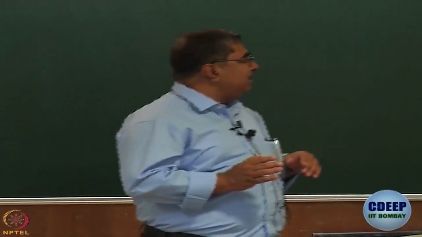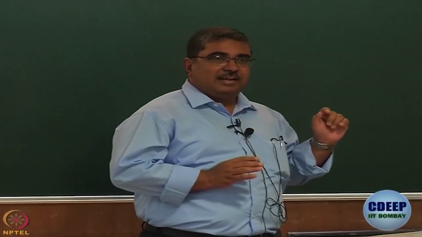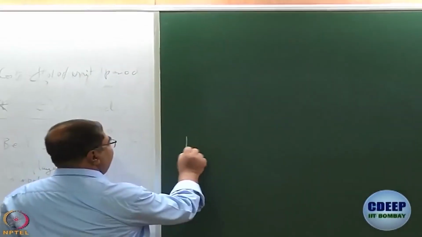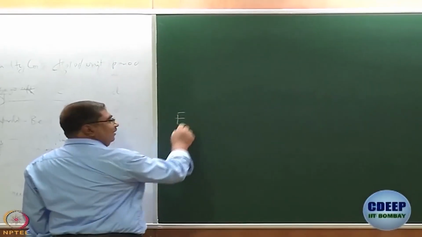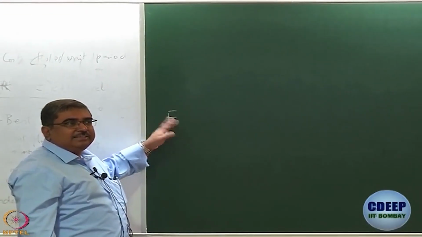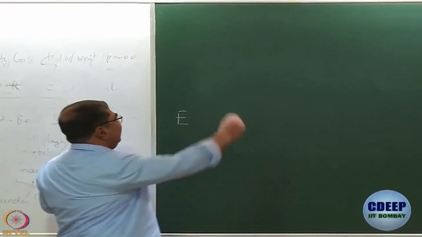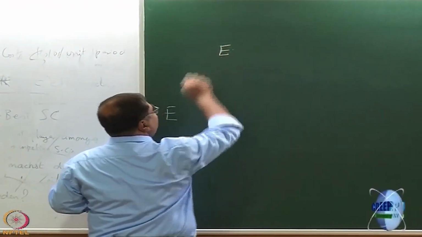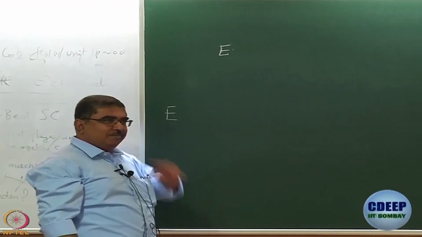So, to understand the meaning of -1 and 0 here, what we should do is, we should work out the transformation matrices. For E, well, E as in E irreducible representation, what is the transformation matrix for the identity operation E?